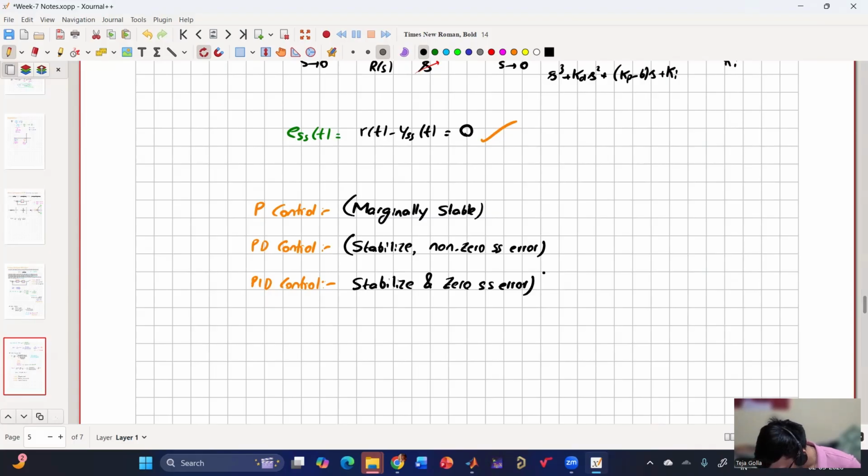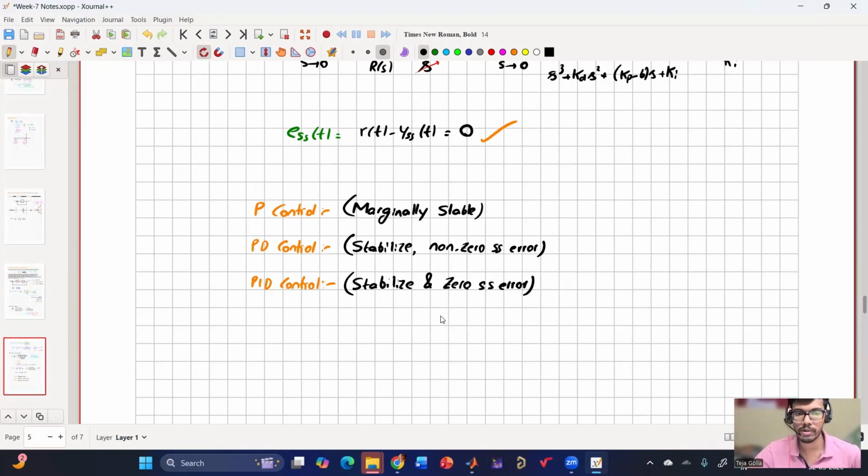Which means if my objective is to stabilize the given unstable open loop transfer function, and if I want to achieve zero steady state error for a step response, then I need to have PID control. P control is not sufficient to even stabilize the system. PD control can stabilize, but it cannot achieve zero steady state error, whereas PID controller can achieve both zero steady state error, and also it can stabilize the system.